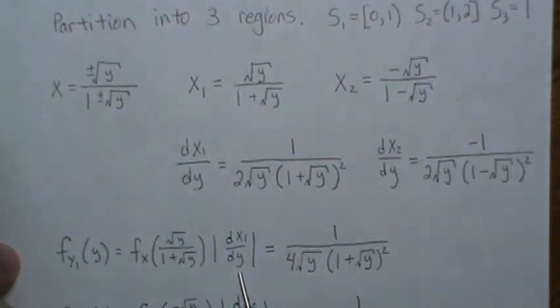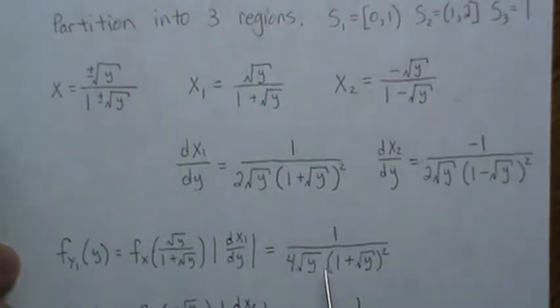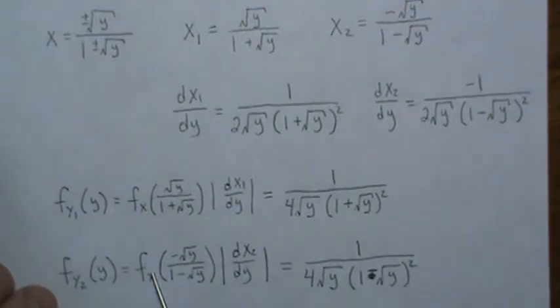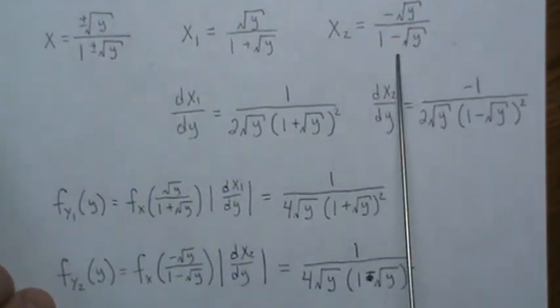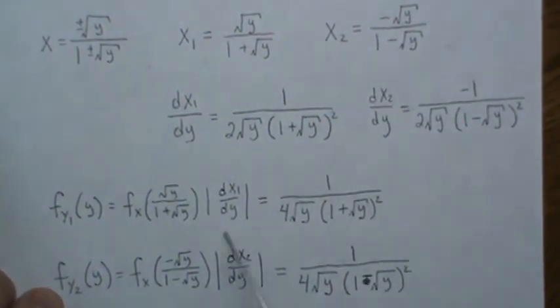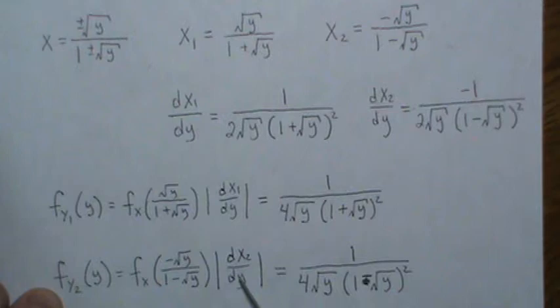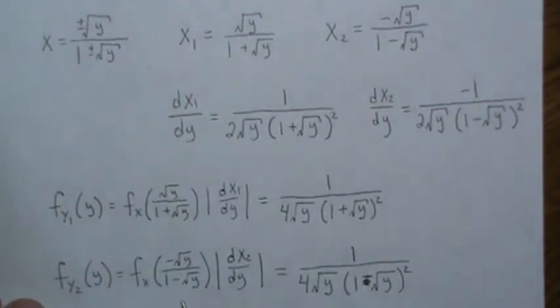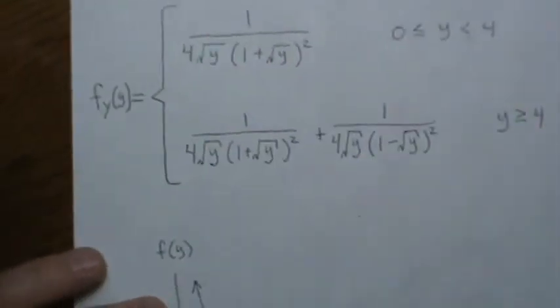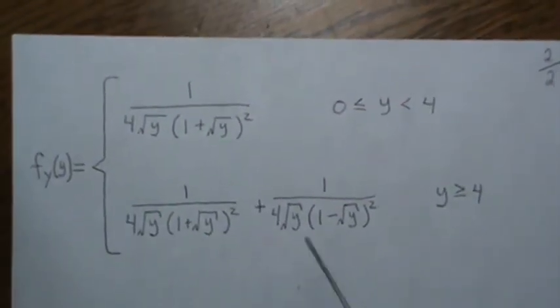Then we take it times the absolute value of the Jacobian, which is this. And then we do that for region 2. We plug this x into the density of x, which is just 1/2, and then take it times the Jacobian, which is this, and we get that. Notice the 2 here becomes a 4 because of the 1/2 in this density.